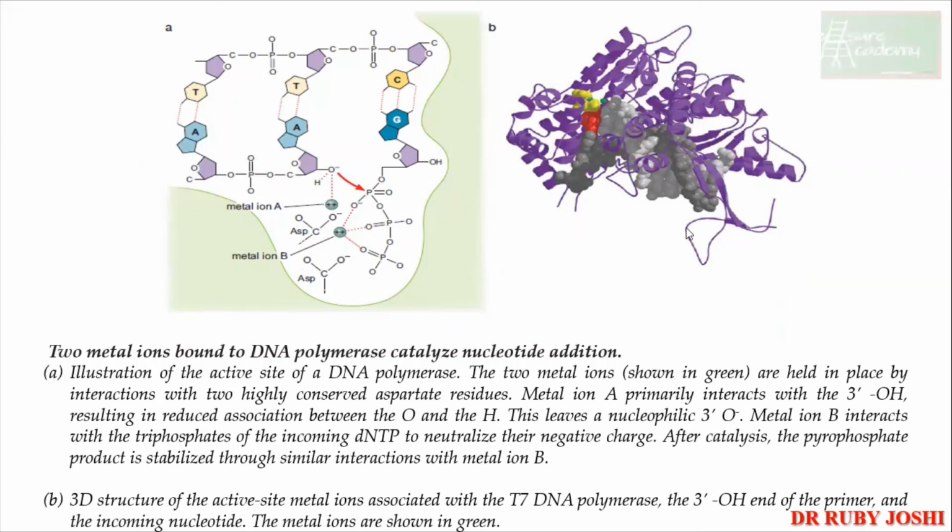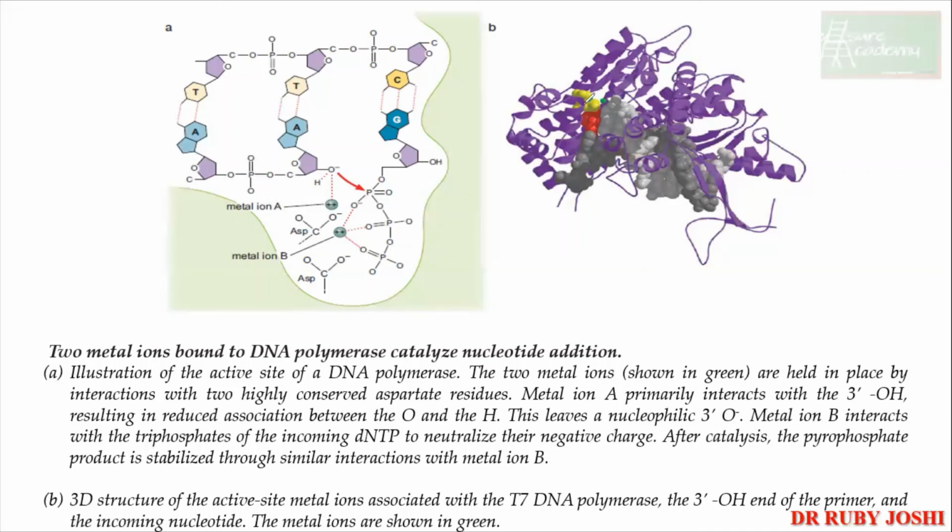Now look at the figure over here. This is how your crystal structure looks like. Are you able to correlate the same thing जो अभी हमने discuss किया? Can you see the metal ions over here?